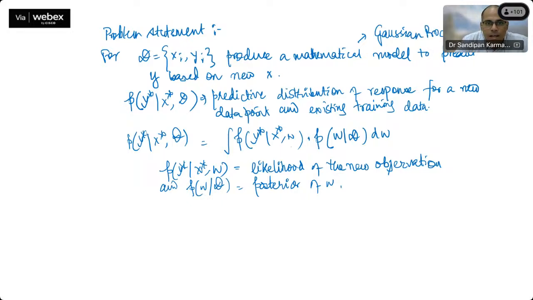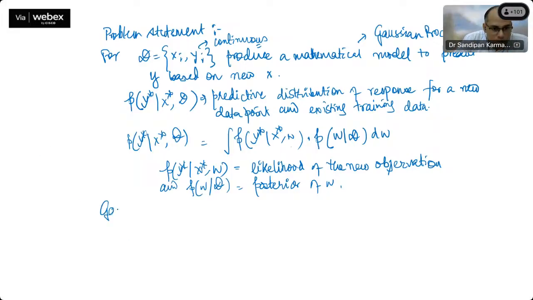Why am I taking it as continuous? I can take it for classification also, but classification is a little bit difficult to understand, so I am limiting myself to only the regression case.